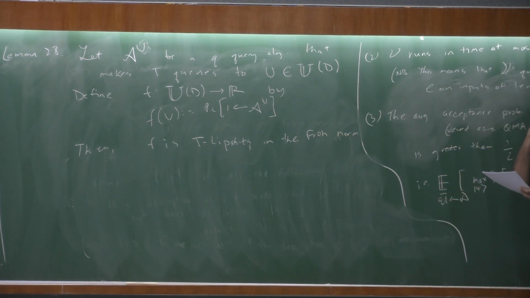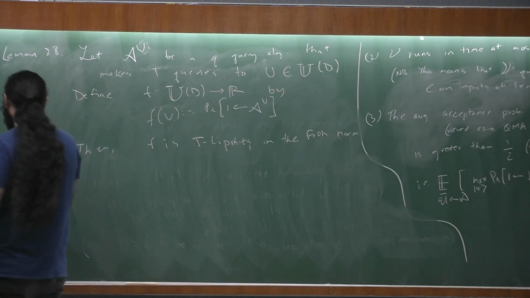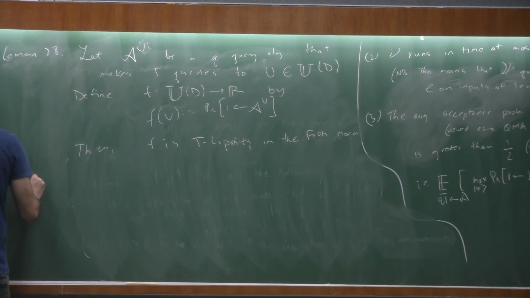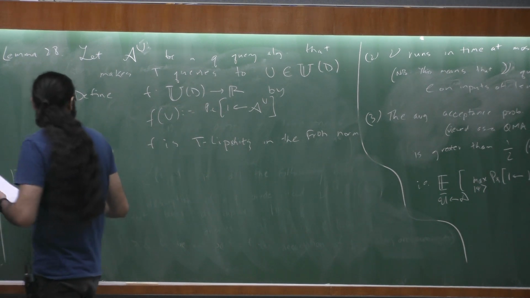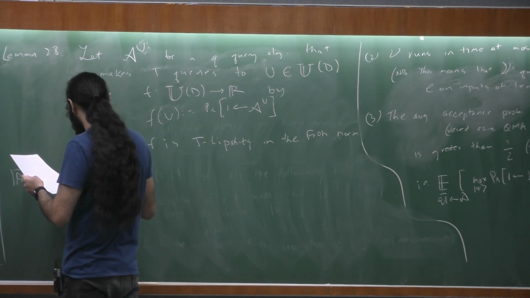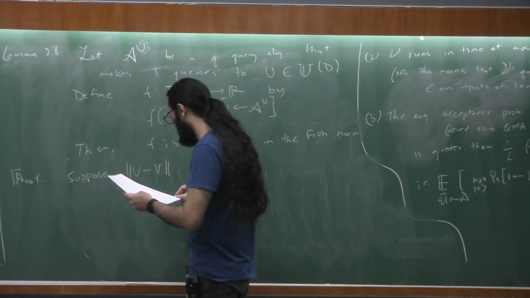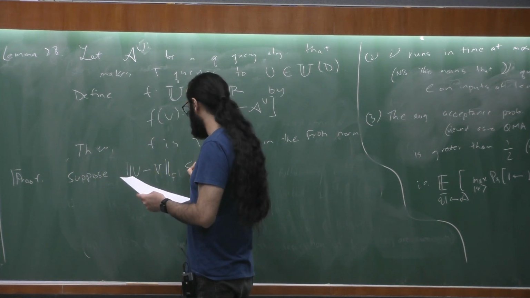Okay, so that's the lemma, and here's the proof. Suppose that the Frobenius norm of u minus v is at most d.